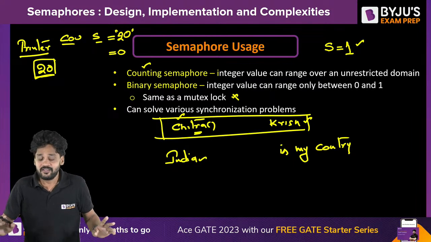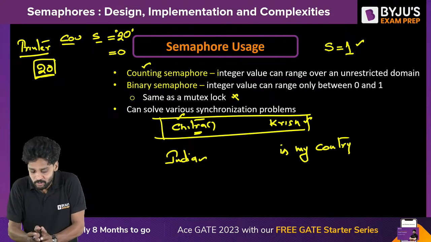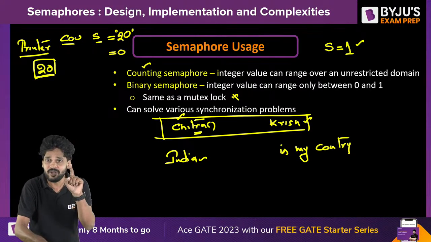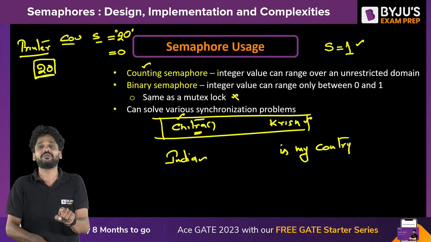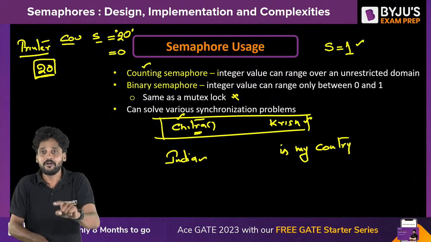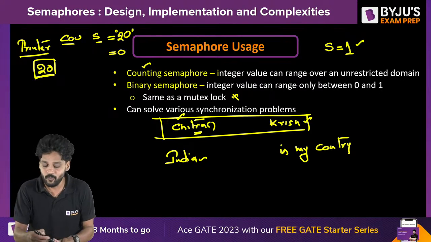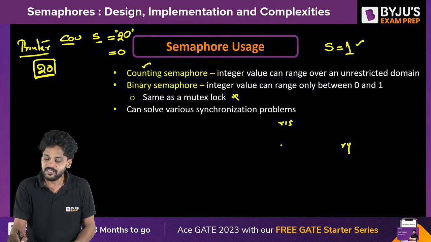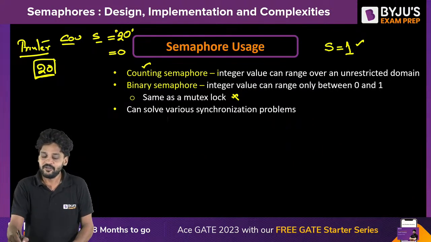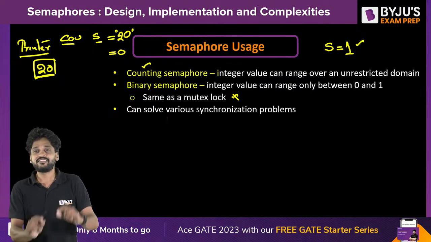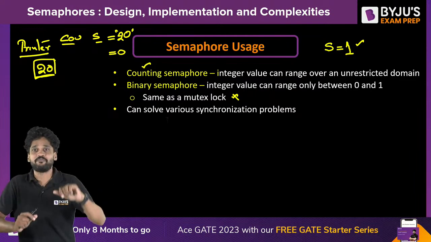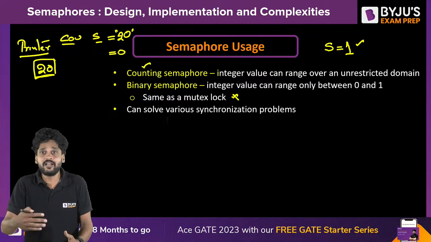But these two processes, Chitra and Krishna, must impose a self-restriction that they wouldn't execute even if Krishna gets scheduled prior to Chitra. So for that, we can use semaphores in a different way to construct a synchronization mechanism in such a way that there will be an orderly execution.